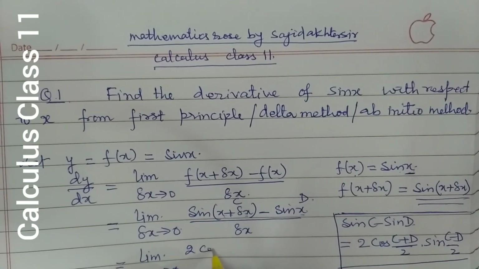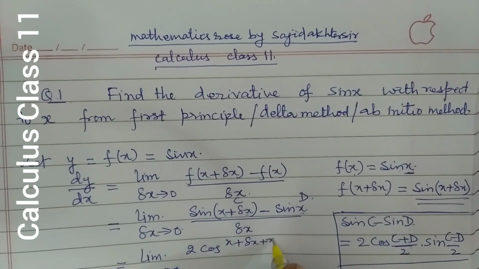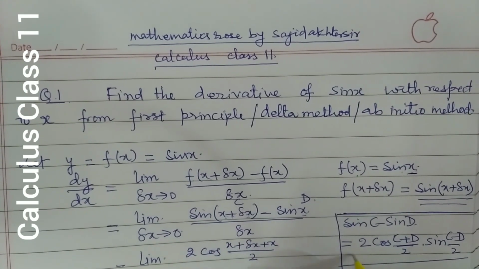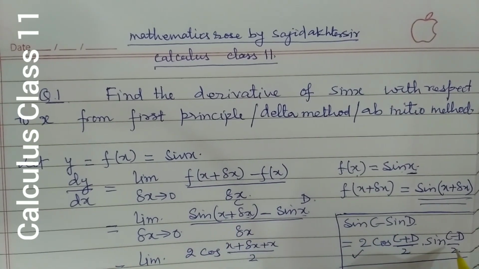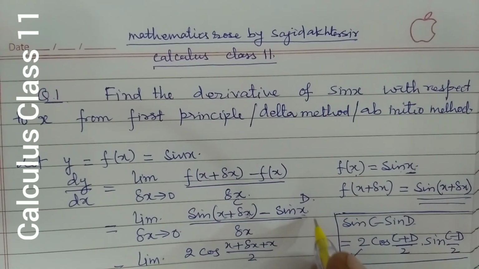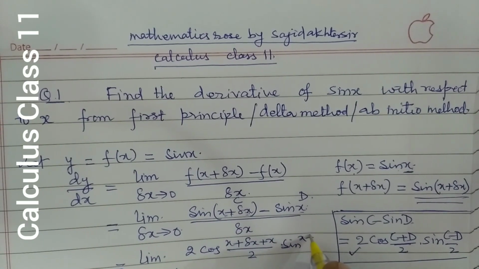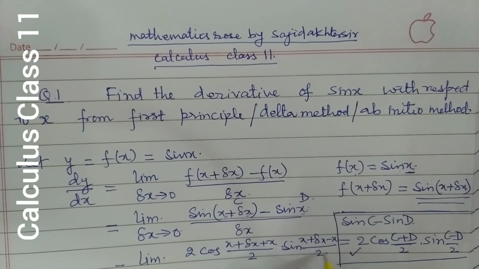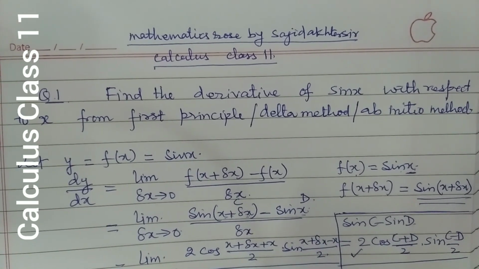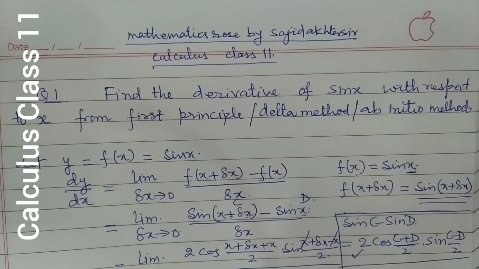So 2 cos((c plus d) upon 2). Using this formula, c is equal to x plus delta x and d is equal to x, so sin((x plus delta x minus x) upon 2) divided by delta x. x will cancel over here.